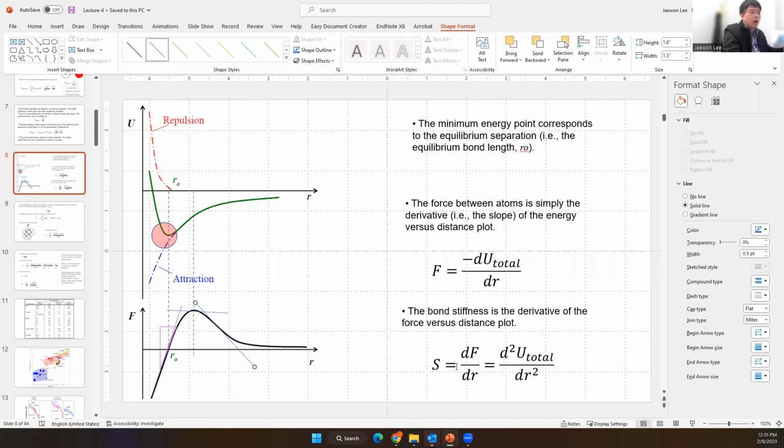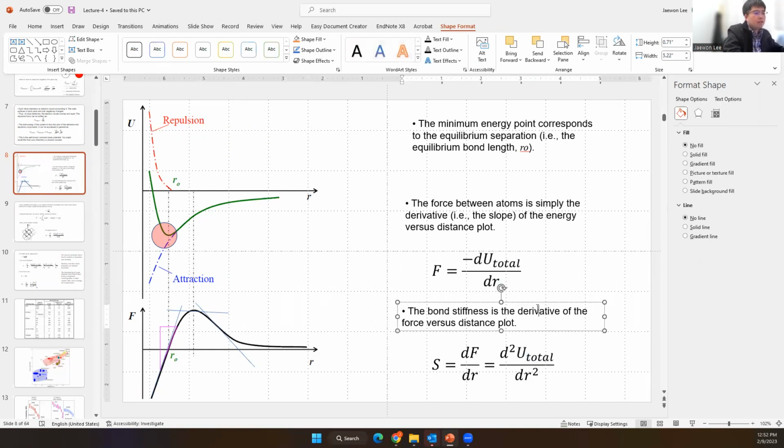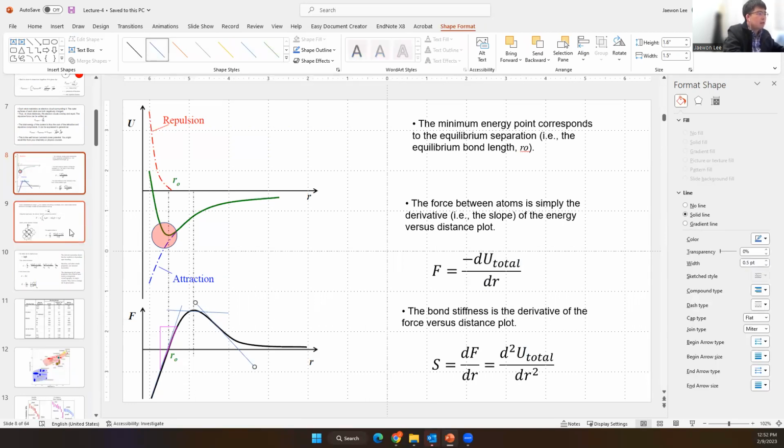Stiffness is related to how strong, it's hard to say, but this is the derivative of the force, so we can, like that.